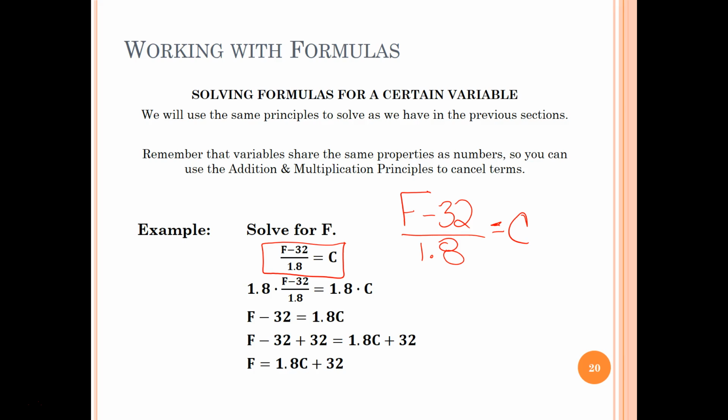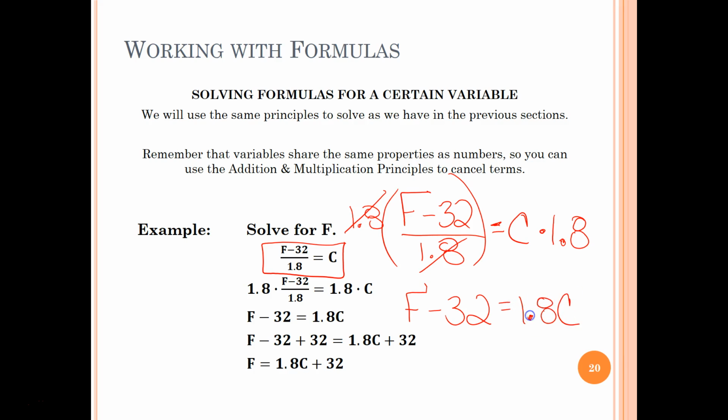So what I'm going to do here is multiply both sides by 1.8. Notice that the entire left-hand side of the equation is being multiplied, not just F. So these guys cancel, and here I've got F minus 32 equals C times 1.8. We usually write that as 1.8C.